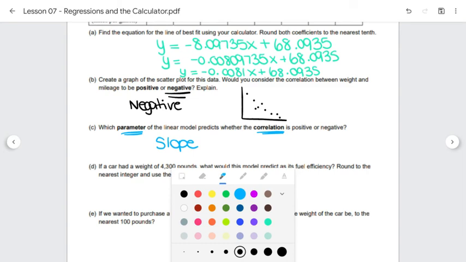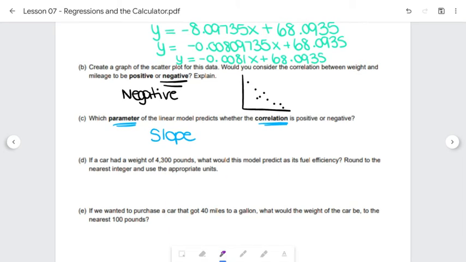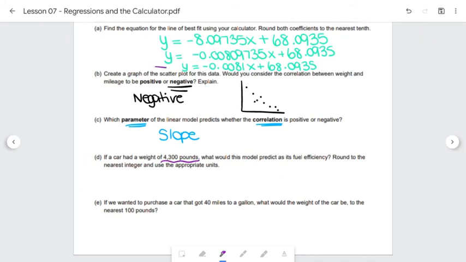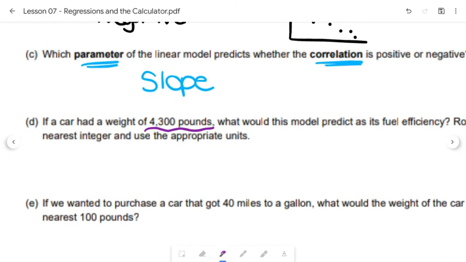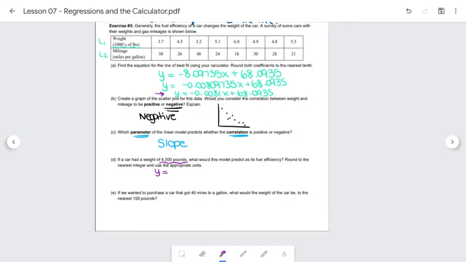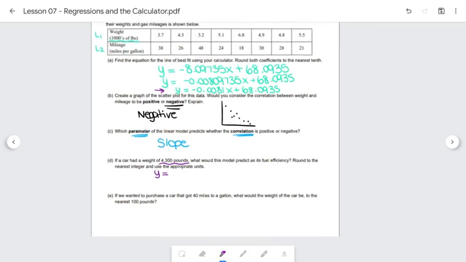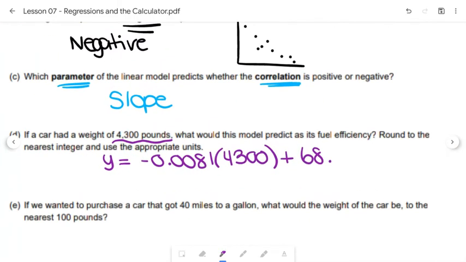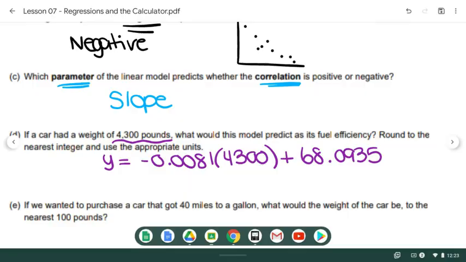Now, if a car had a weight of 4,300 pounds, what would this model predict as its fuel efficiency? Round to the nearest integer. So it's in pounds. So that's why I'm using the formula converted into pounds here. So all we're going to do is y is equal to, I'm sorry, y is equal to... x is my weight. So negative 0.0081 times 4,300. I'm going to plug that right in.